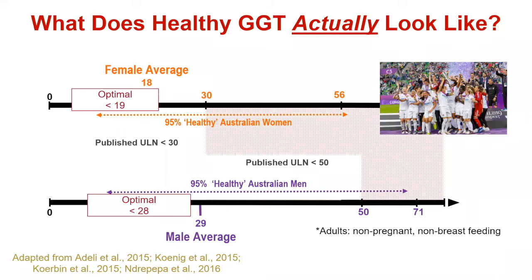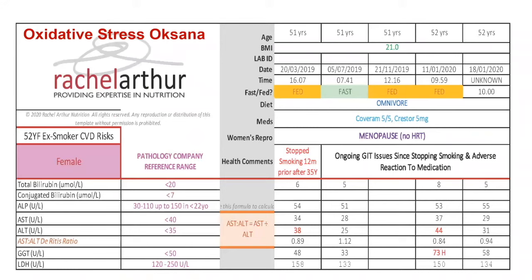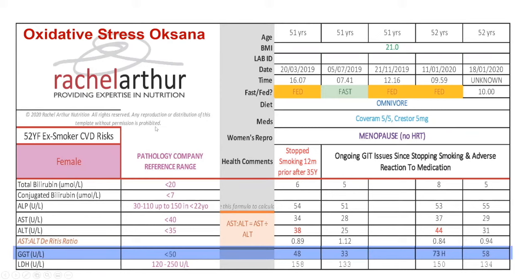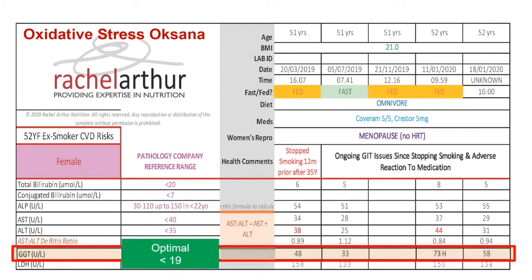So if we look at Oksana one more time and we look at her GGT, you will see that the template, again, is going to make this immediately obvious to you.